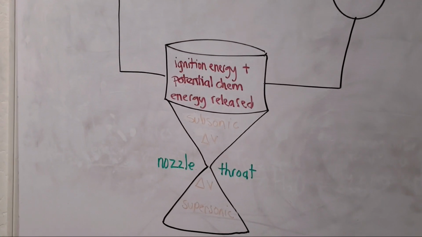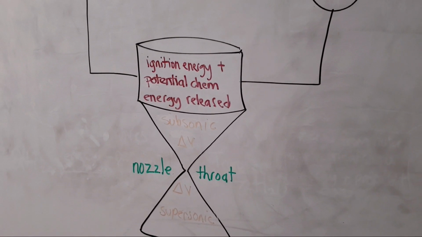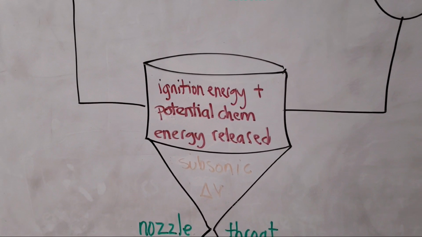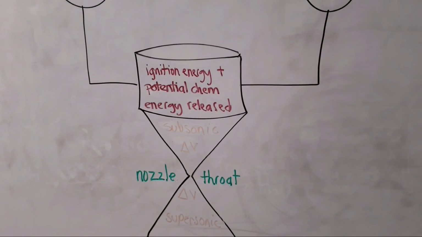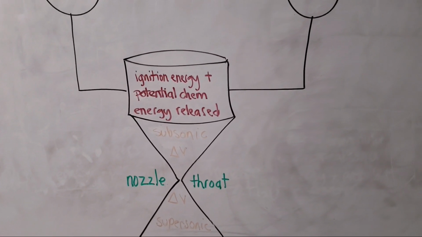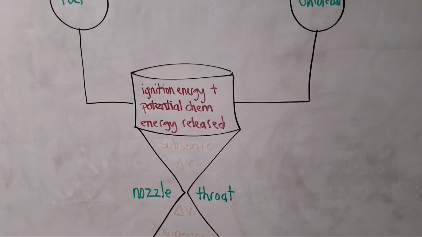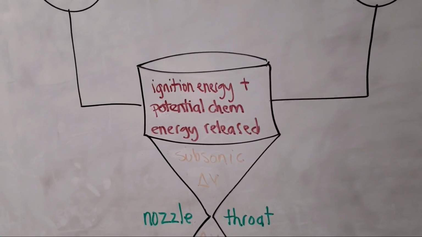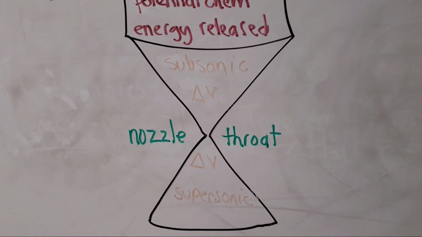So in the combustion chamber, you have potential chemical energy as the fuel and oxidizer are now mixed in the chamber. Now I put ignition energy because if you remember, I mentioned a spark plug. That spark plug is necessary because right now we're dealing with a non-hypergolic process.